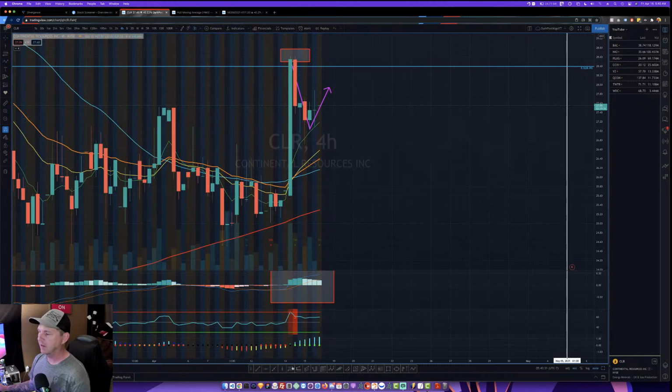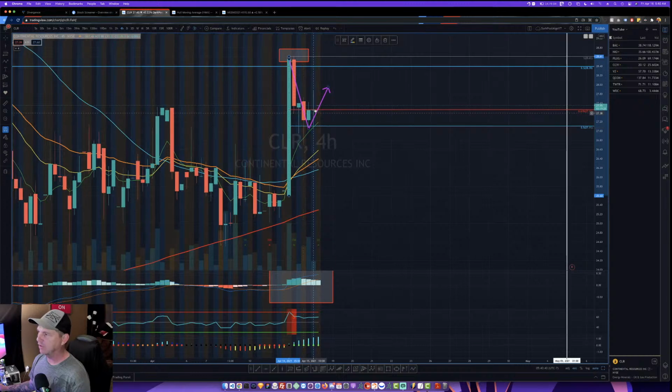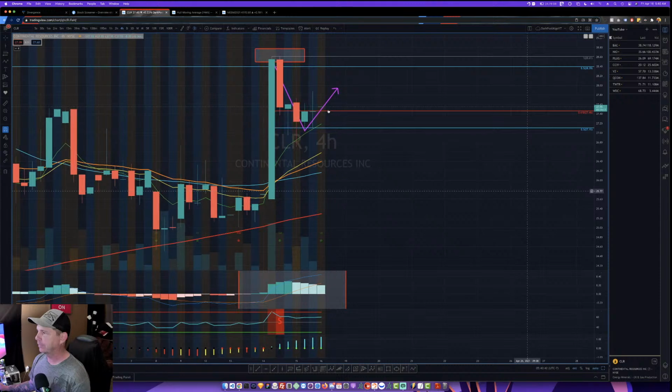Intraday Fibonacci is going to let us know that we came down, we hit that 50% retracement. It looks like we've already got positive momentum going forward.